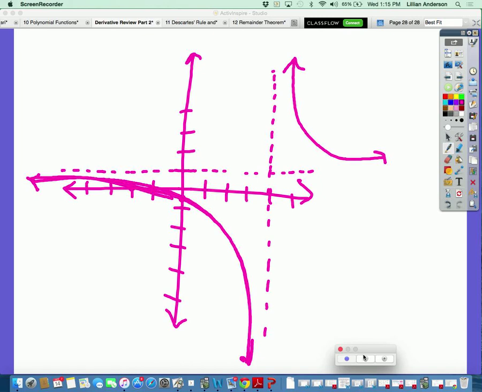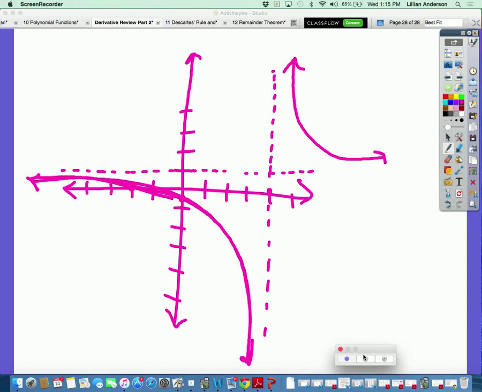Now you guys, when you are graphing these, again, you can use all your tests to figure out all this important information. But also realize that you need to be able to go from the graph of the original to the graphs of the derivatives with no equation, just the graph itself. So you do need to be aware of a couple of things.